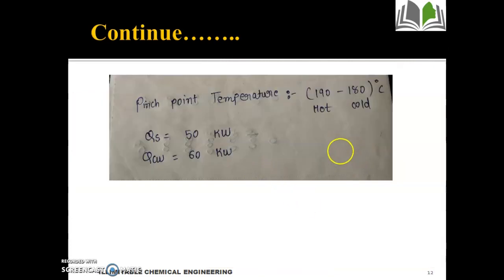Now the conclusion is: the pinch point temperature for the hot side is 190 degrees Celsius, cold side 180 degrees Celsius, steam utility is 50 kilowatt, and cooling water utility is 60 kilowatt. The MER, minimum energy requirement target, is 50 kilowatt and 60 kilowatt, right? This is our conclusion from this method.